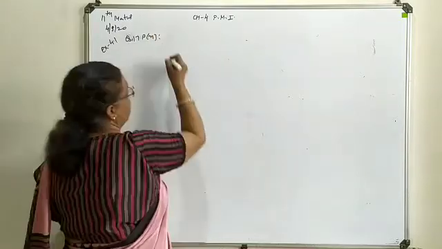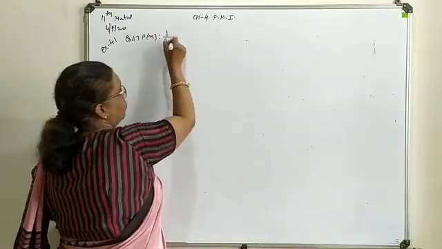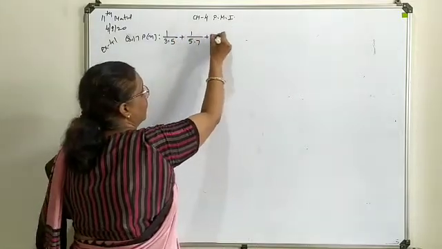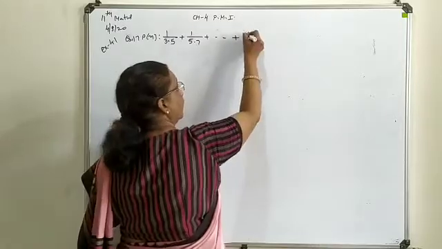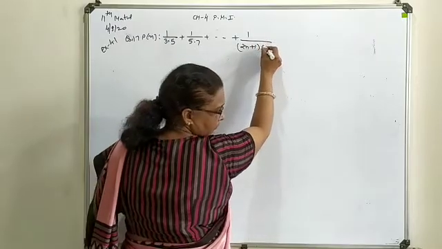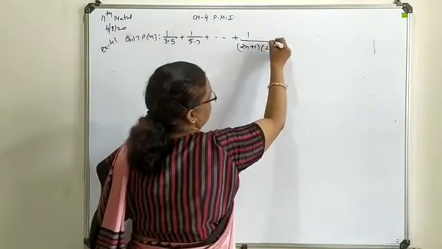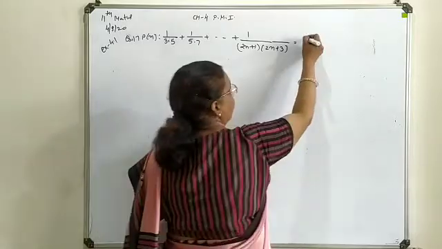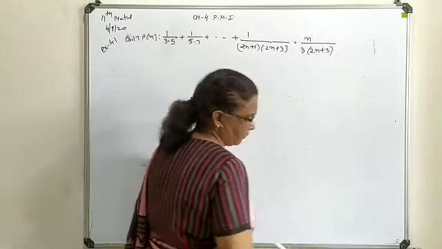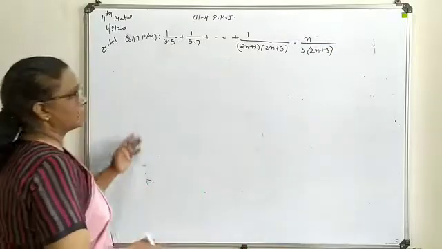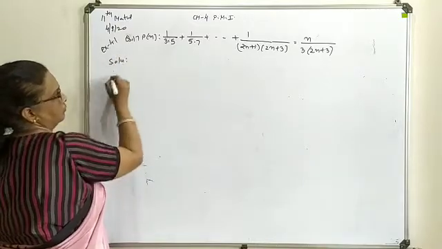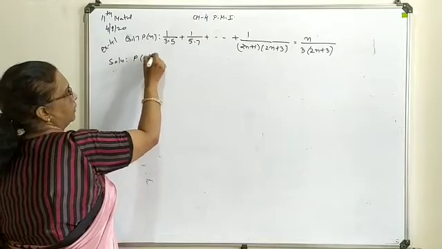This is available as 1 upon 1 into 3 plus 3 into 5 plus 5 into 7, like that up to the nth term. So let's try to sort it out.